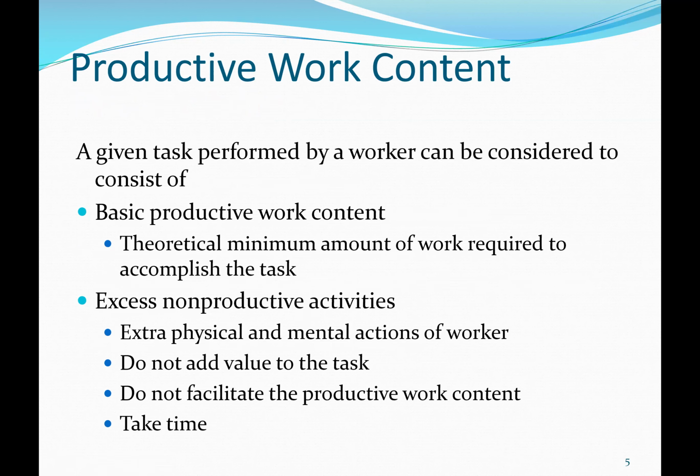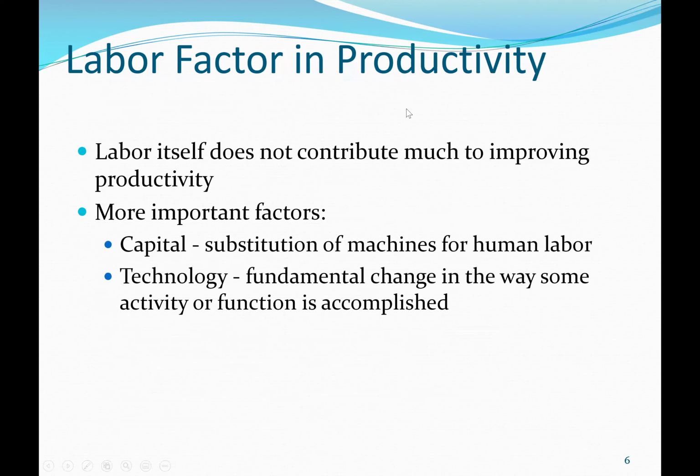Every task will have productive content, and we have non-productive elements, for example, looking for a tool, walking to bring the bin, inspecting the part, and so forth. Only productive work content actually improves productivity. The rest should be eliminated or decreased as much as it can be.